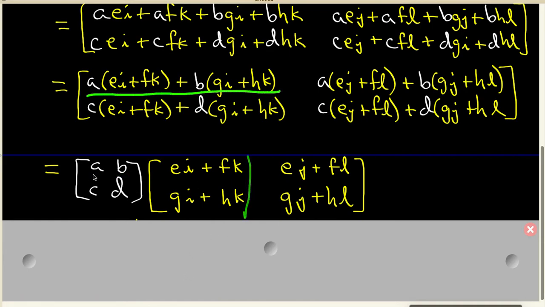And when I dot this row with this column, I pick up this entry up here. And when I dot the second row with the first column, I pick up the first entry in the second row of that particular matrix.